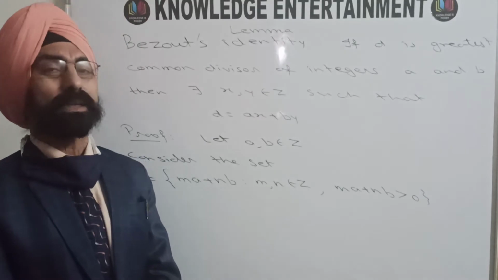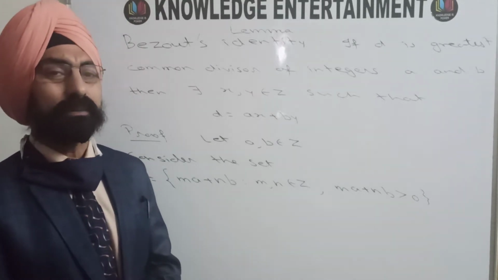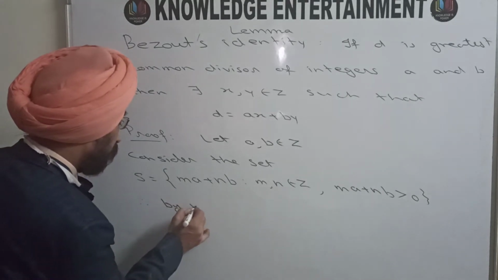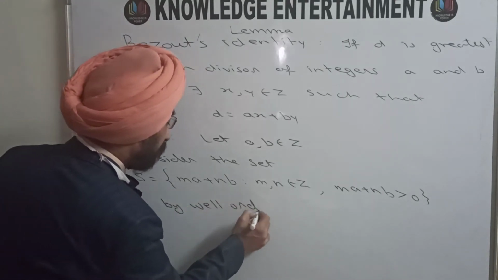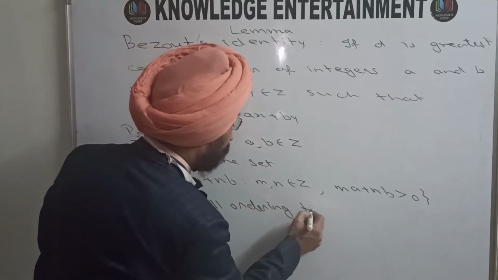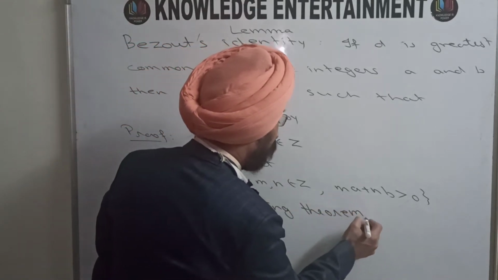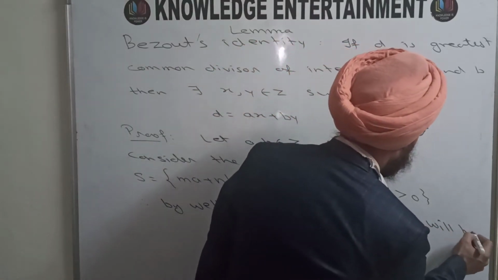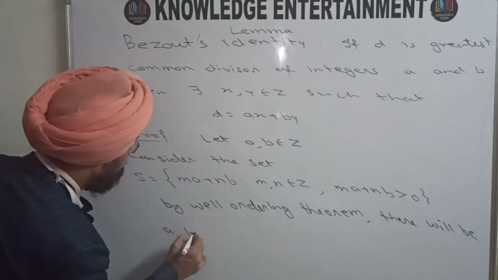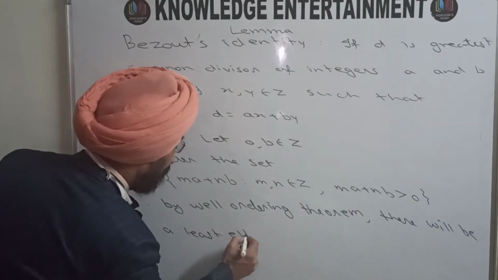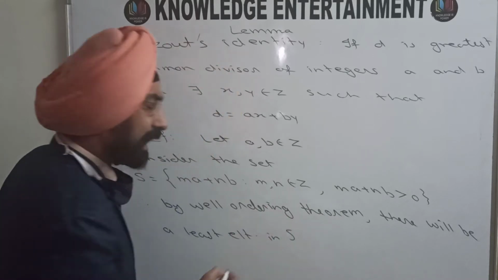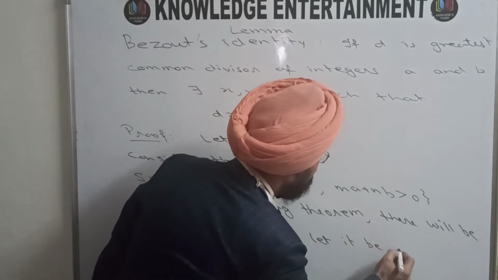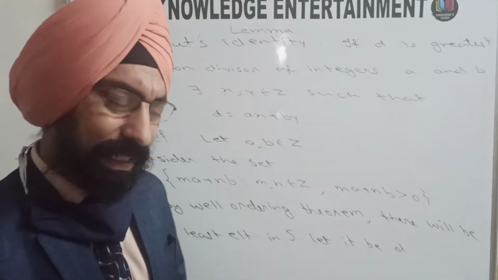Therefore, by the well-ordering principle, or well-ordering theorem, there will be a least element in this set S. Let it be D. Now what is D?